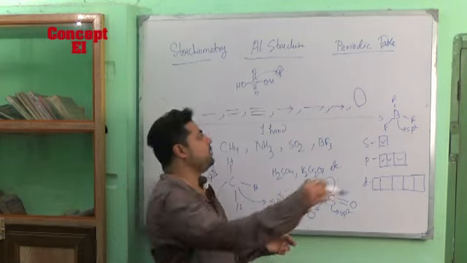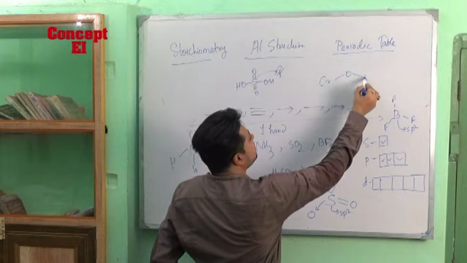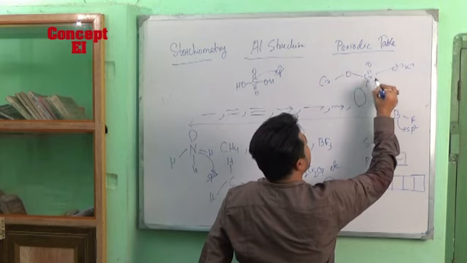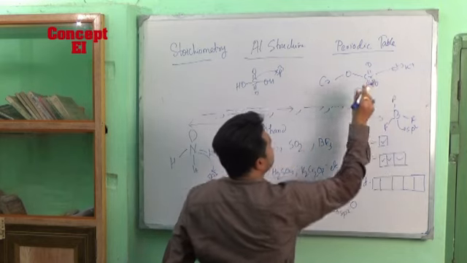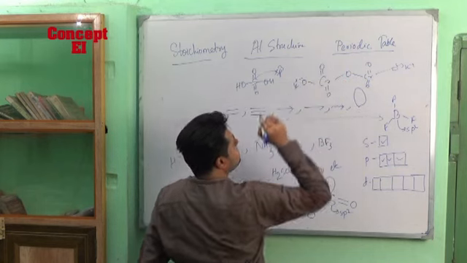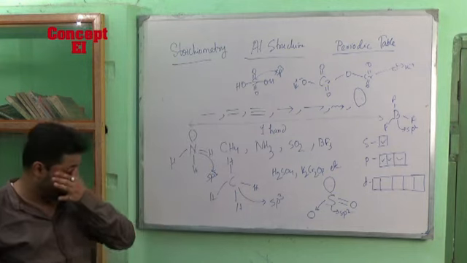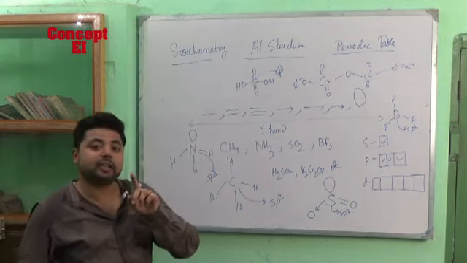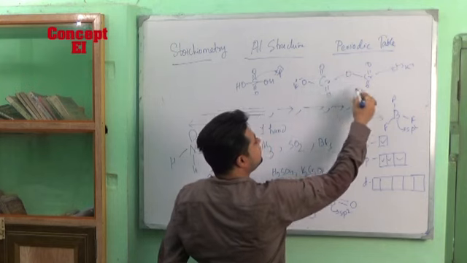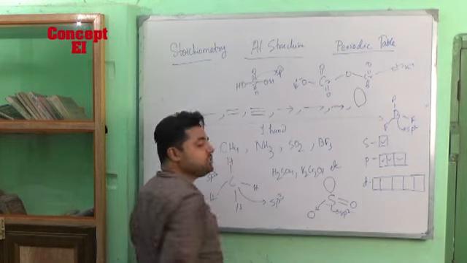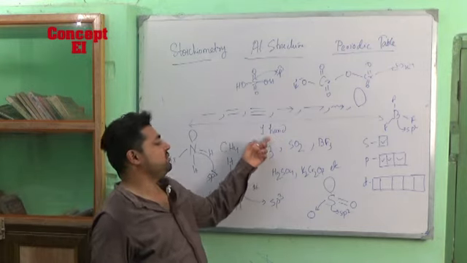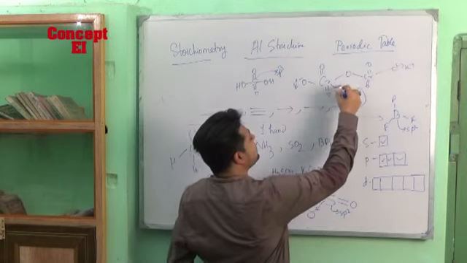Chromium, oxygen, chromium, O minus, K plus, double bond O, double bond O. See, I have told you, chromium can give how many electrons? 6. 1 electron to this, 1 electron to that, 2 electrons to this oxygen, 2 electrons to this oxygen, 6 electrons it has donated. Here also the same thing. Now hybridization, just follow this rule. 1, 2, 3, 4, sp3.